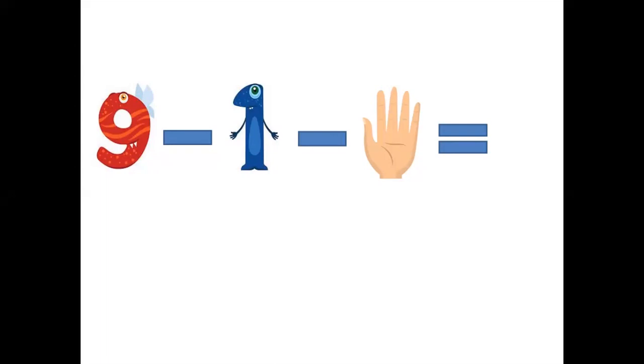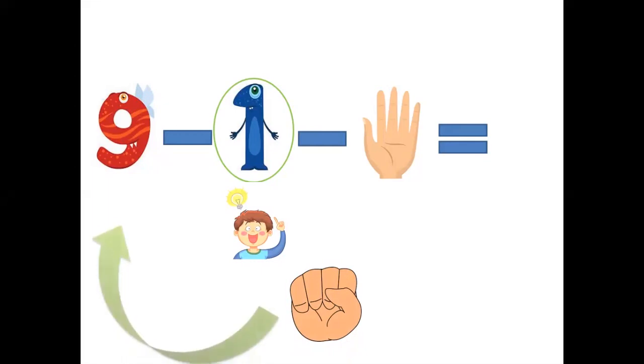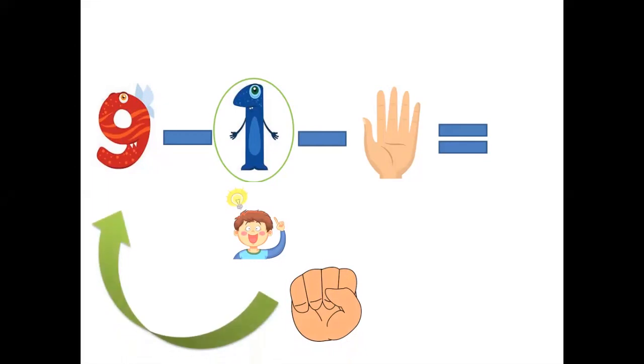Okay, close my fingers, count after the smaller, which is 1, to reach the bigger, which is 9. Let's do it together. You see, I close my finger and count after the smaller, which is 1, to reach the bigger, which is 9.